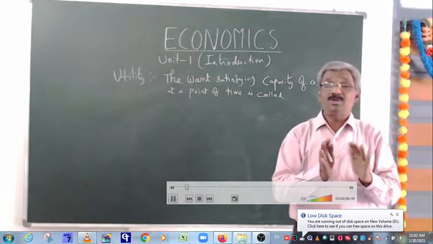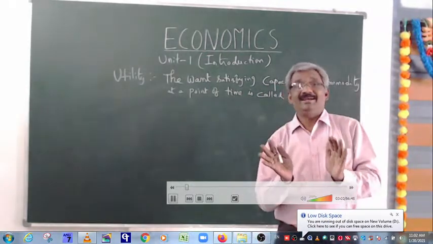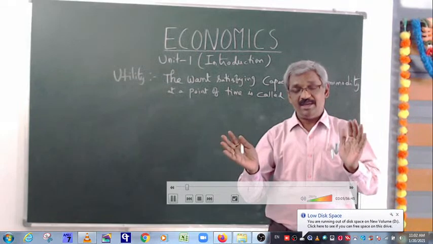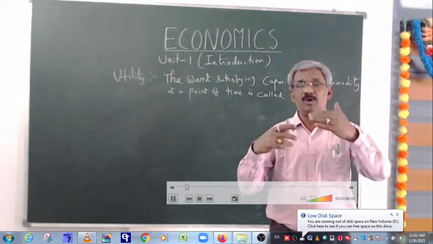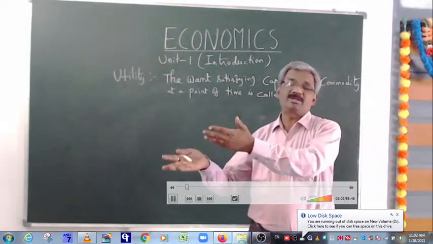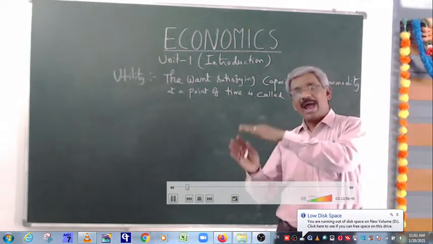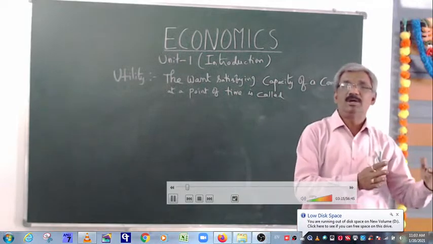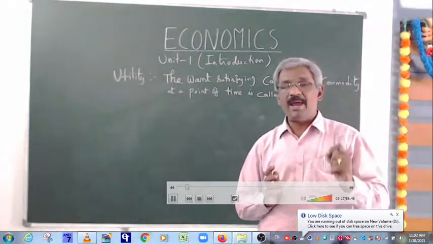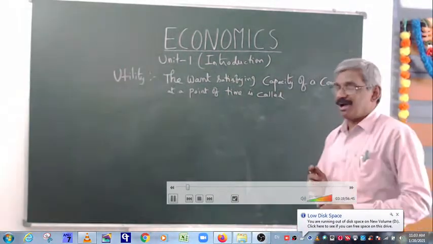Income is not static, it is dynamic. Income always flows from person to person, firm to firm, household to firm and firm to household. This was also explained in the previous class.